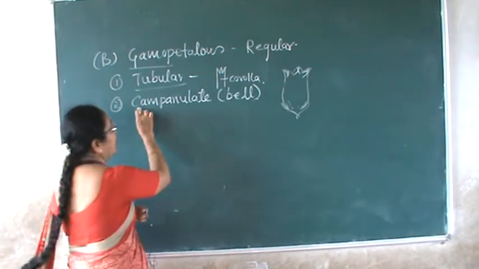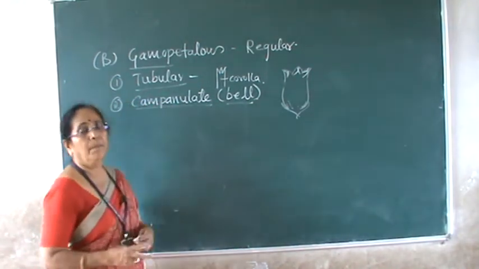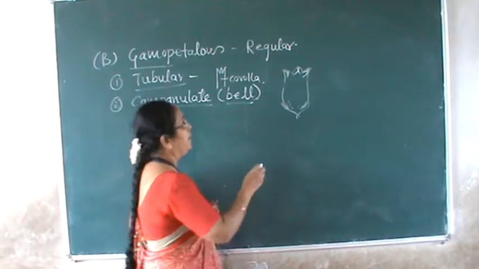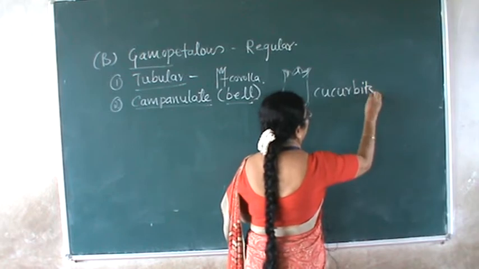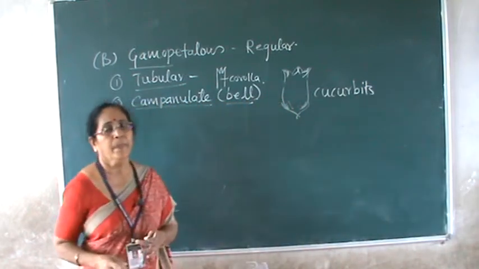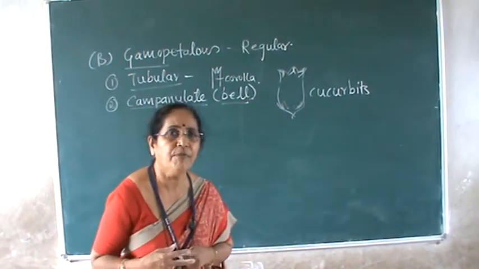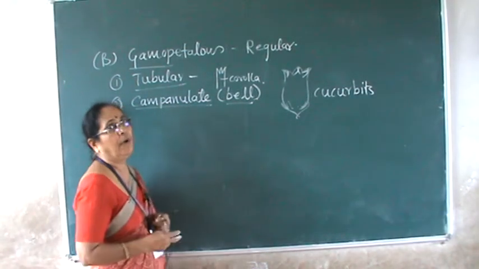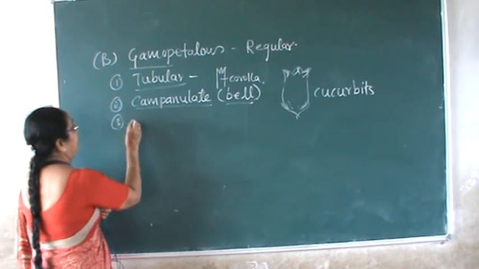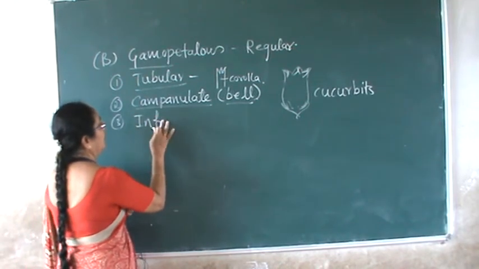Campanulate means bell-like corolla, found in the members of cucurbits. The male and female flowers of pumpkin are an example for the bell-shaped corolla.